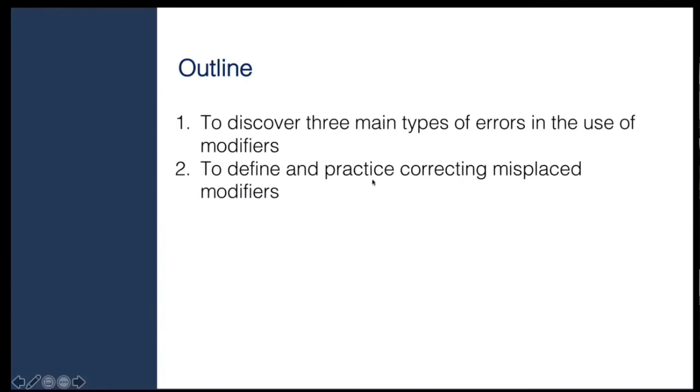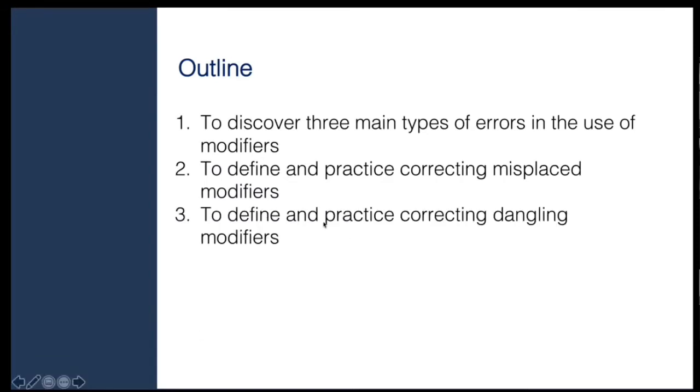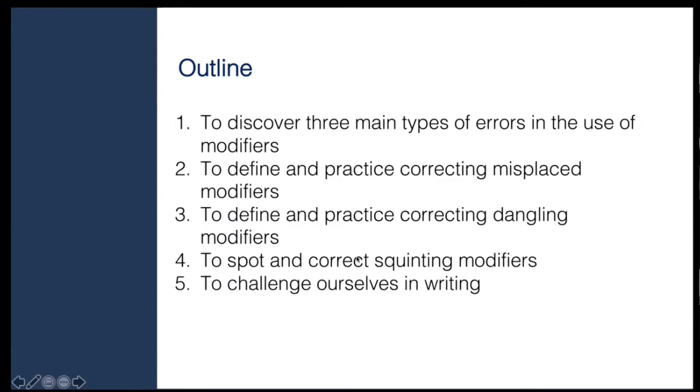We'll talk about misplaced modifiers. We'll define that. You'll actually define that. From examples, you will understand what it means, and we'll practice correcting it. Then we'll have similar practice with dangling modifiers, squinting modifiers, and then we'll have some writing practice from you.